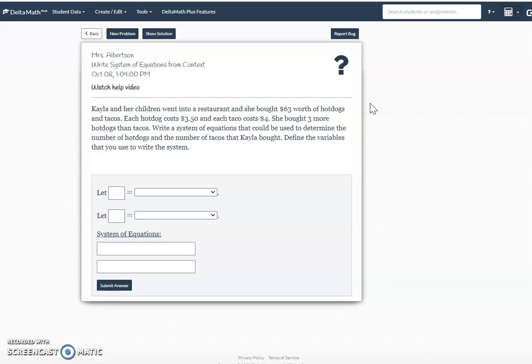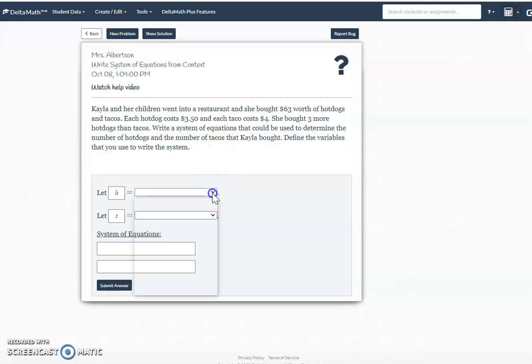All right, so first thing that we need to do is decide. You can use whatever variables you want. I'm going to use H for hot dogs and T for tacos. The reason I know that's what I need to find is it says determine the number of hot dogs and the number of tacos.